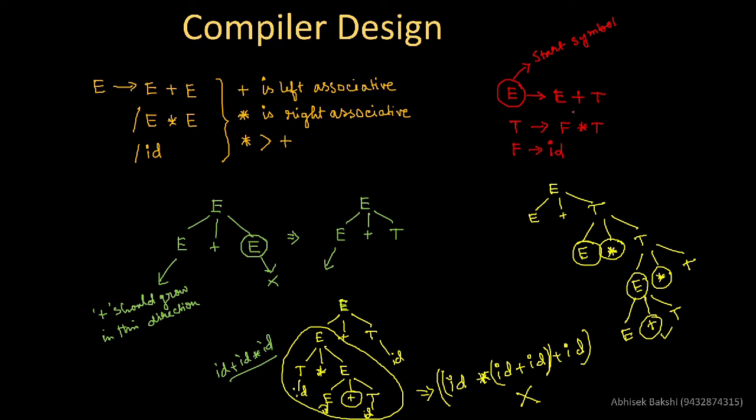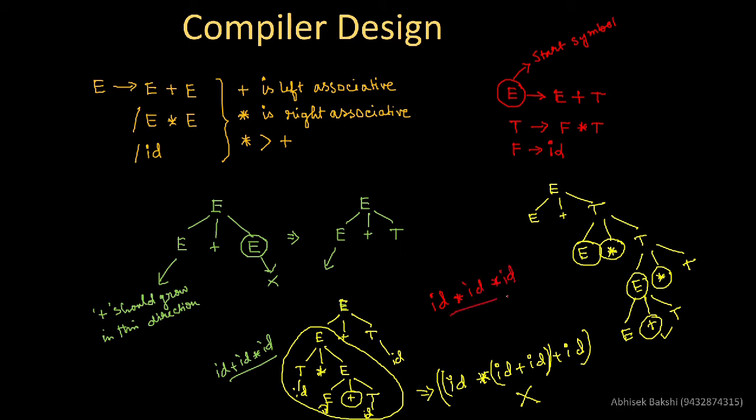But here it doesn't end. The reason is that according to this grammar, the parse tree has to start from E to E plus T. But in your equation, you may have a situation like only ID star ID star ID.